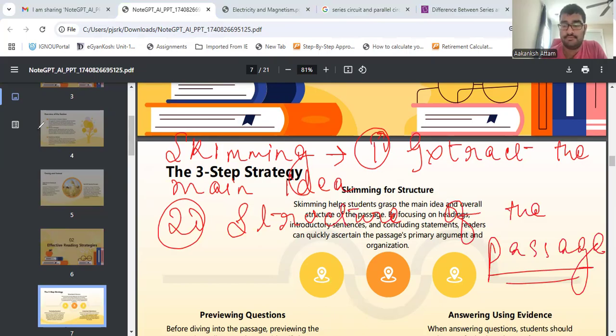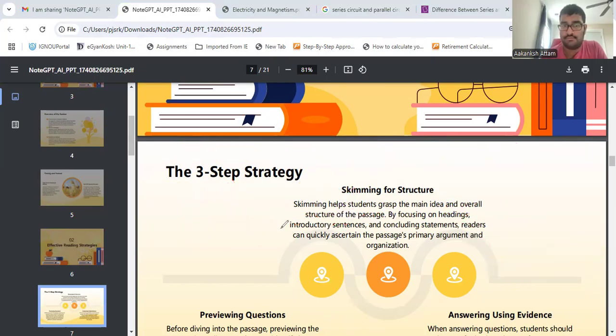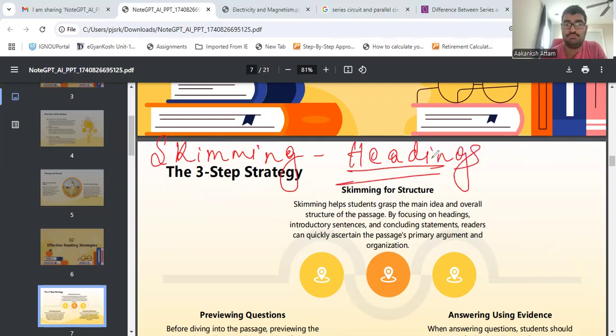Now let's understand how we can skim through the passage. We need to focus on headings, such as, let's say, mobile is a bane or a boon.